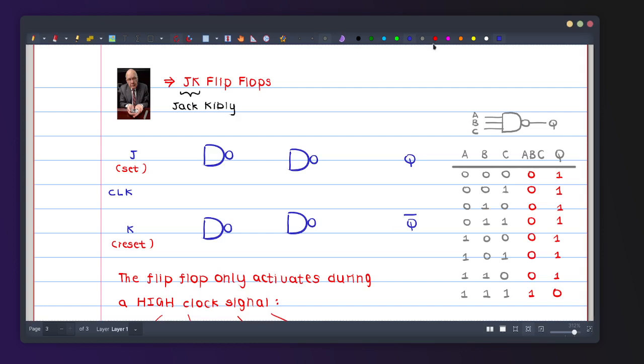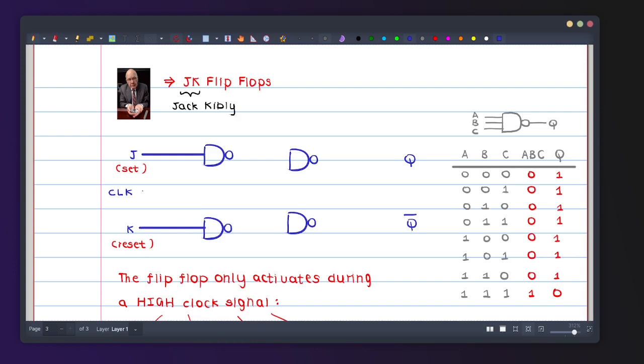Right, so let's now connect these up because I want to help you understand how to connect these up by yourself. First I'm going to draw a line from the J input to the middle of the NAND gate and the K input to the middle of the NAND gate.